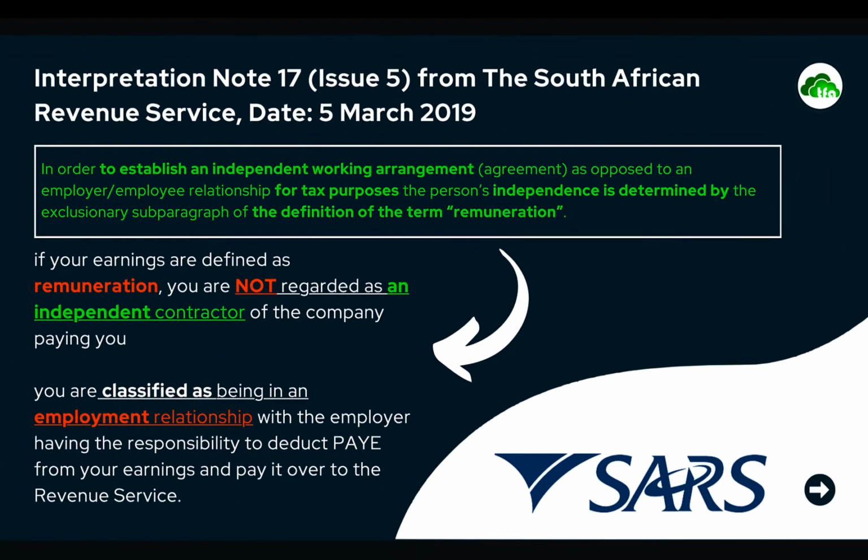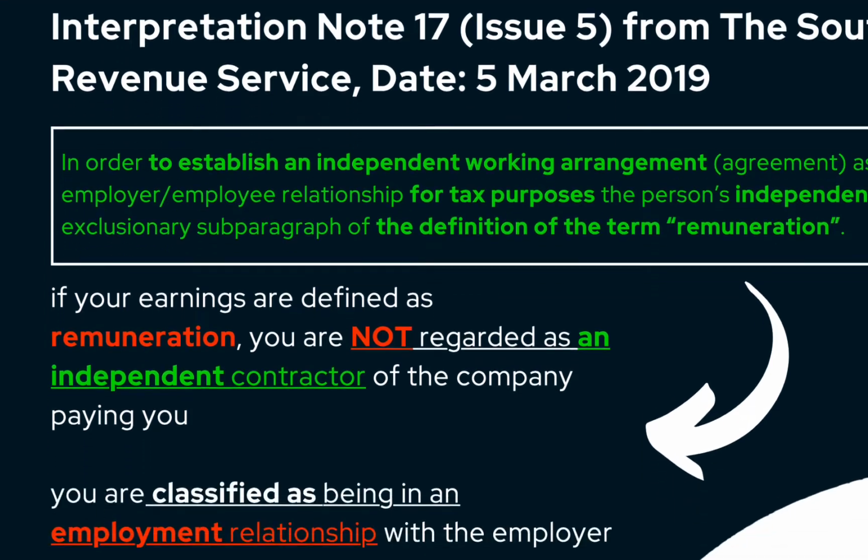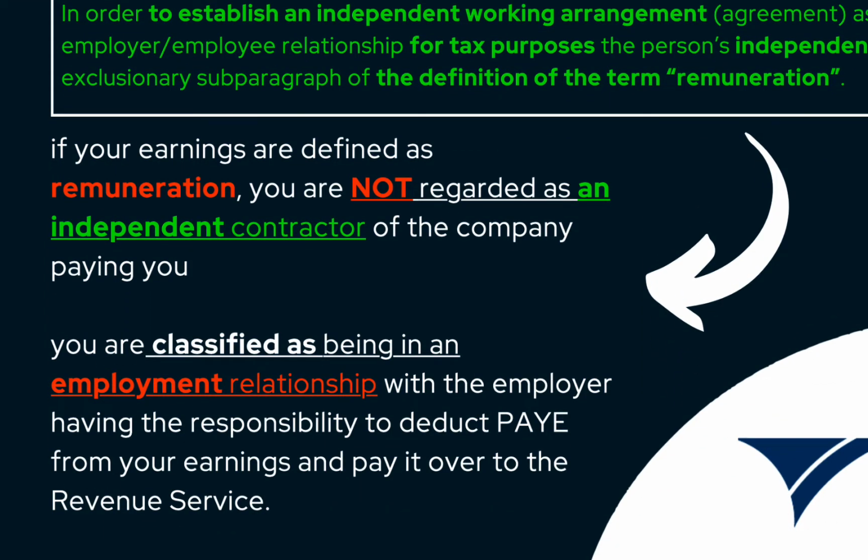This means that if your earnings are defined as remuneration, you are not, I repeat, not regarded as an independent contractor of the company paying you. Then you are classified as being in an employment relationship with the employer, having the responsibility to deduct pay-as-you-earn from your earnings and pay it over to the Revenue Service.